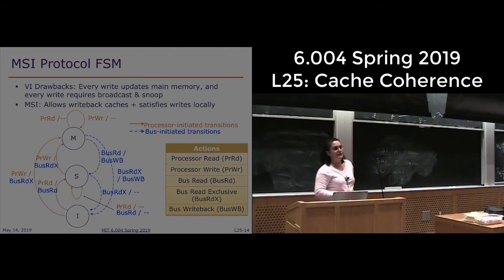And so let's see what the FSM for this MSI protocol looks like. So we have our three states, and let's start once again with the invalid state and see how this works. So if I'm in the invalid state, you'll notice that these orange lines, which are also the solid lines, correspond to the processor-initiated transitions, and the blue ones, or the dashed ones, are the bus-initiated transitions, okay?